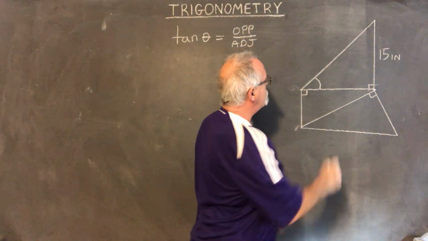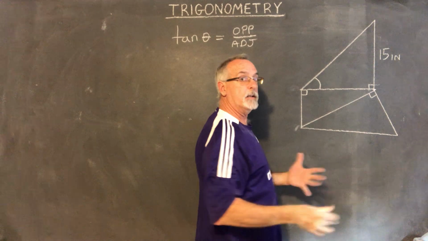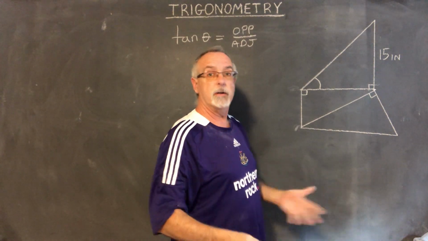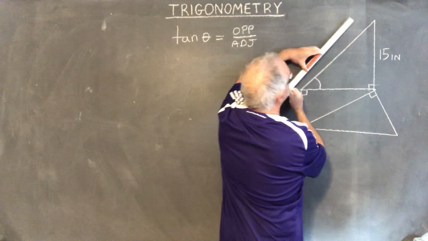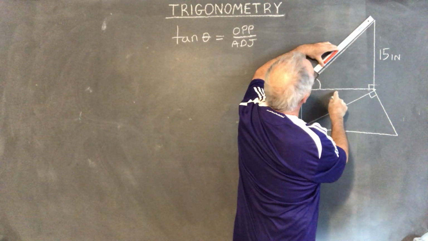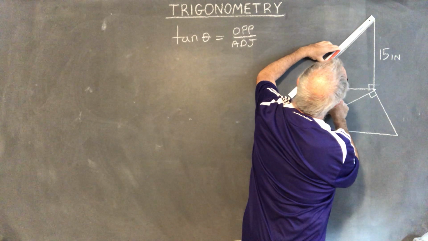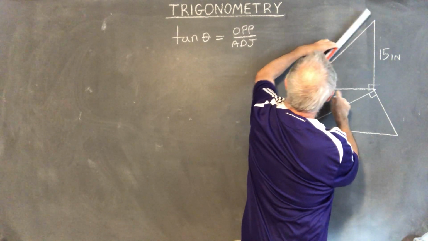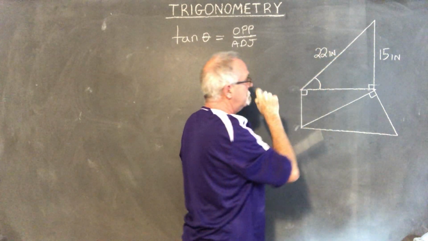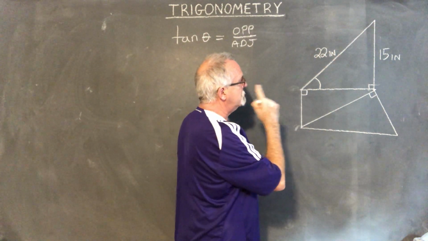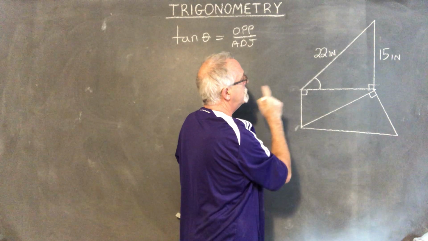But I want this to be my unknown. I'm not going to put an x on it because it's not the value I'm looking for as the final answer to the question. I am going to put the hypotenuse in. So we're going to end up using the sine formula to find this side, and that is 22 inches.